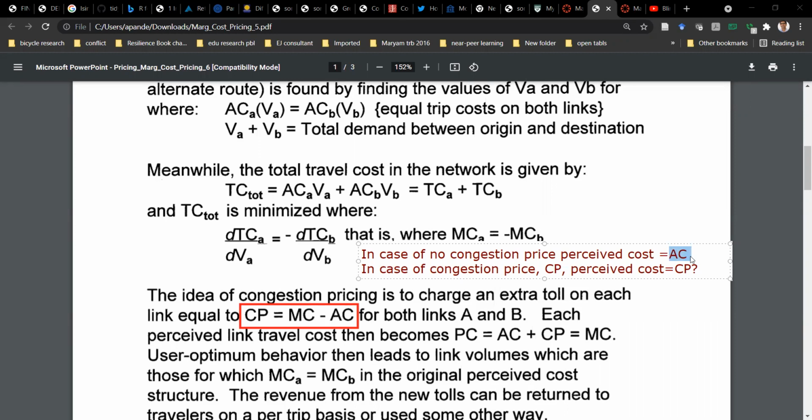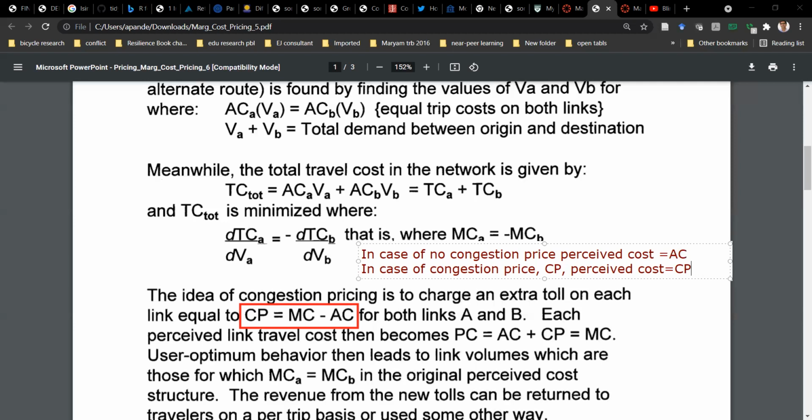Okay. Now, suddenly somebody comes along, some pointy-headed planner or whoever like us, the travel planners come along, and they tack on a congestion price CP. Your perceived cost won't just be CP though, right?